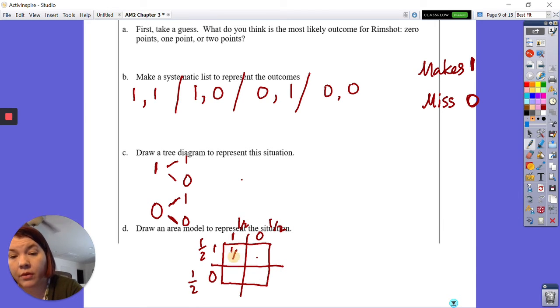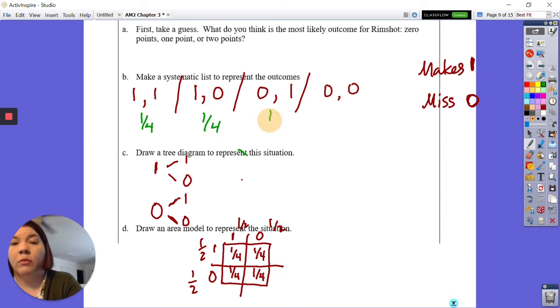So this is 1/4, 1/4, 1/4, and 1/4. And so if we're looking at our sample space, there's a 1/4 chance this will happen, a 1/4 chance this will happen, a 1/4 chance this will happen, and a 1/4 chance this will happen.